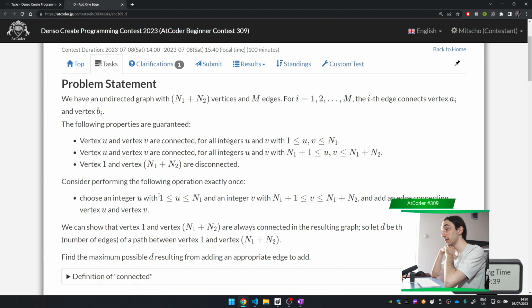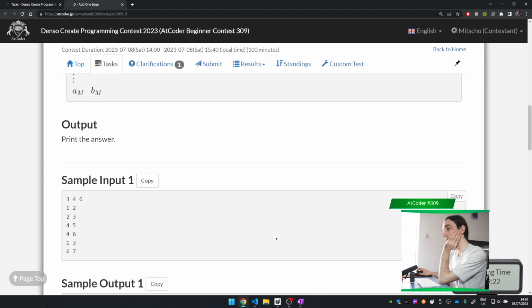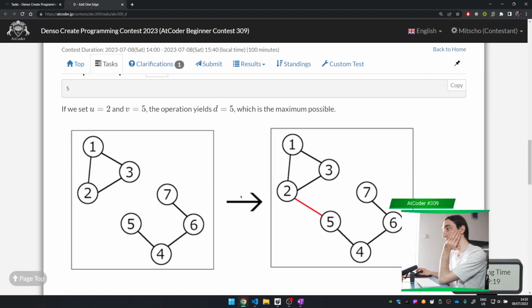Find the maximum possible d resulting from adding an appropriate edge. So you want to maximize the distance between vertex 1 and this vertex. So given like 2 cliques. Oh, is that not a clique?